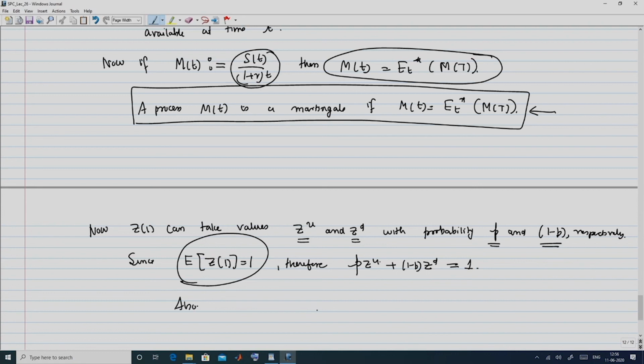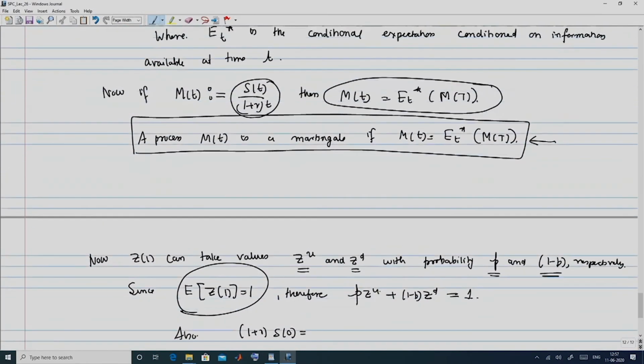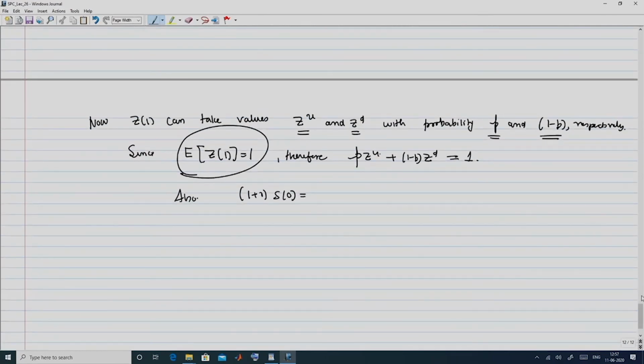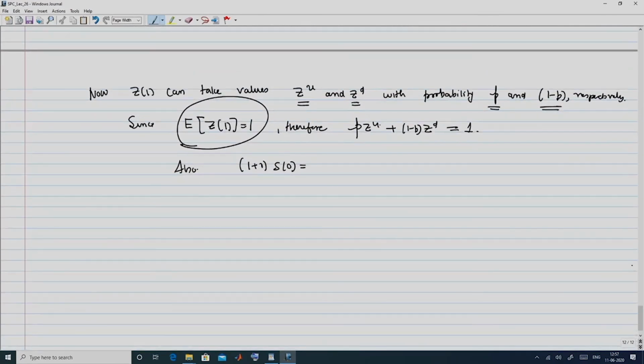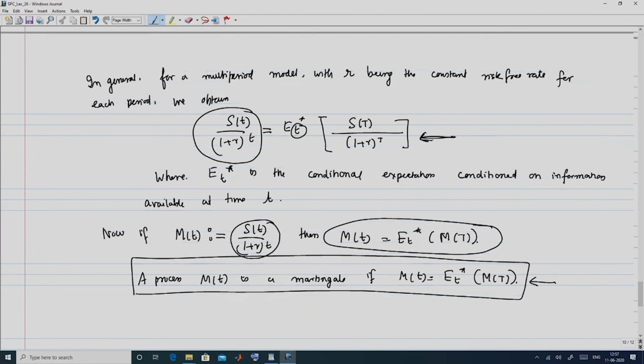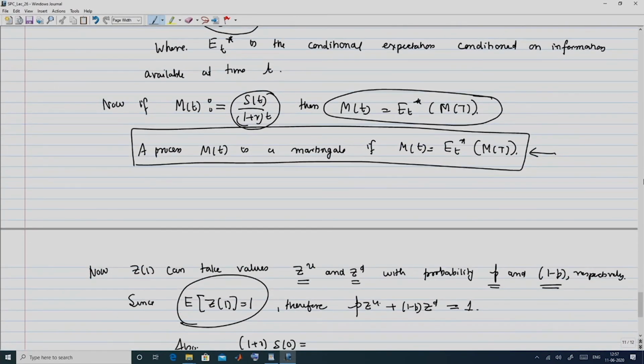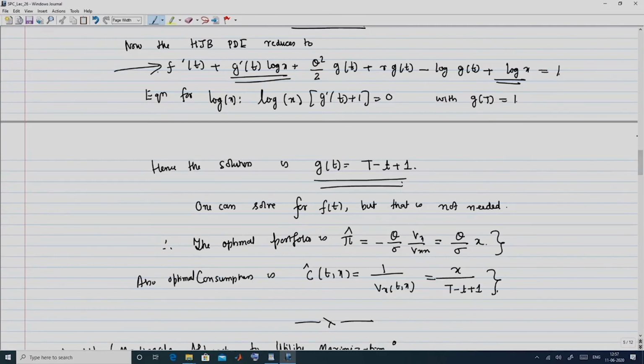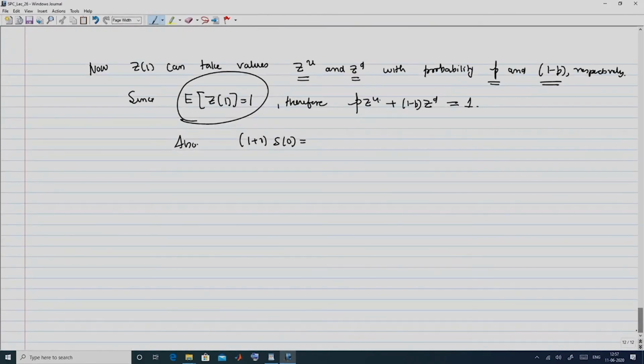Also, if you observe carefully, for this purpose I am going to make use of the fact that S0 is the expected value of Z1 over 1 plus R into S1. So, S1 can take two values, and this becomes 1 plus R S0 equal to P into ZU into SU plus 1 minus P into ZD into SD.